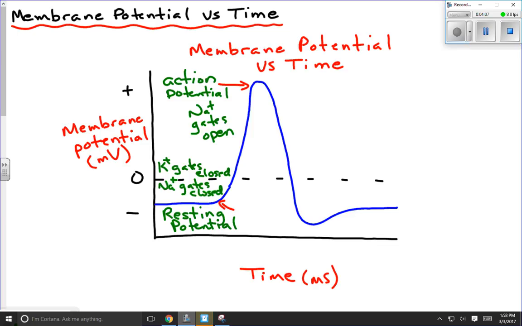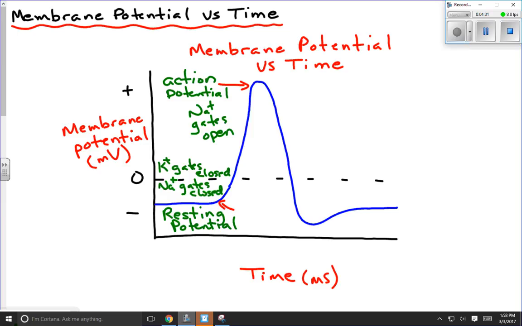When we open those gates, the sodium will diffuse through, but it's also going to be attracted by the negative charges inside. So sodium is going to have two forces pulling it inside, diffusion, because there's more of it outside than inside, so it will diffuse in, but also the negative charge inside attracting that sodium in. So we go from resting potential to action potential by opening the sodium gates.